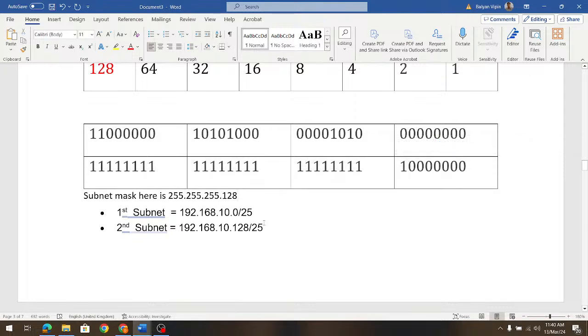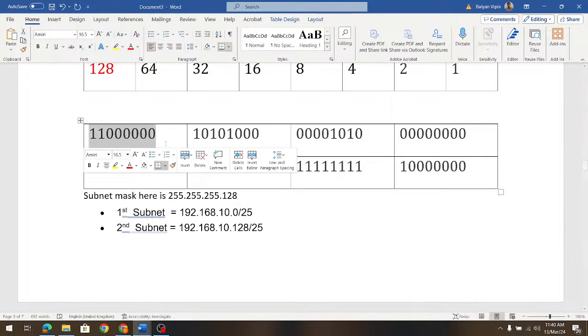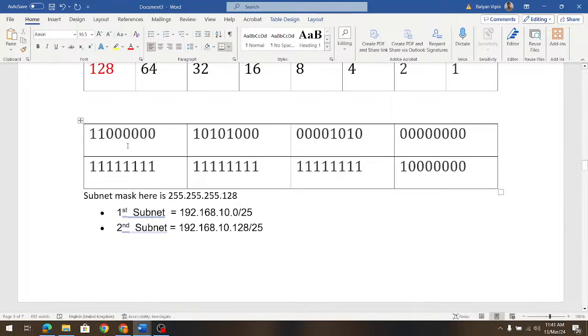The first subnet is found by the AND operation between these two, bit by bit, the logical AND operation, which I explained earlier also. So this will turn out to be 192, then 168, and then 10 here, and then 0. So this is your first subnet.